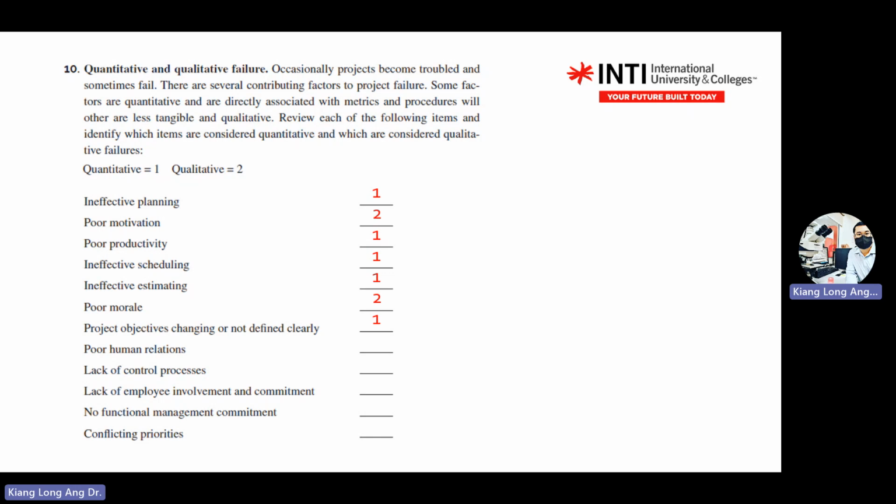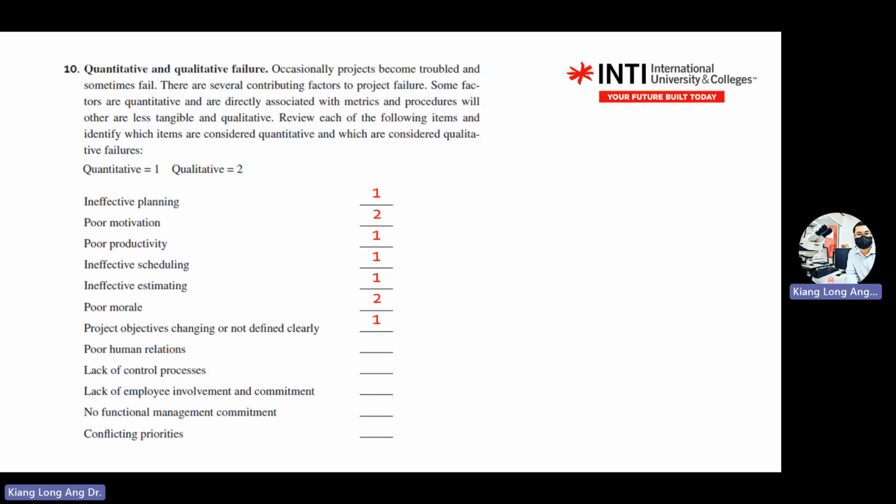For human relationship, can you measure? I'm very friendly with you. How do you measure friend and not friend? Okay. So the words here, project objective. Objective, can you measure or not? You can measure.